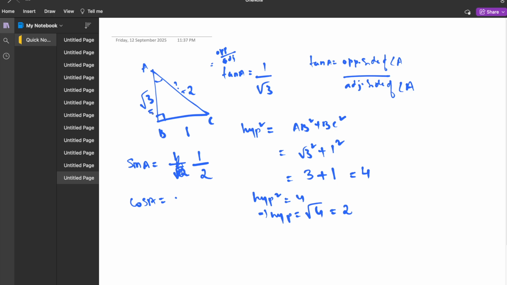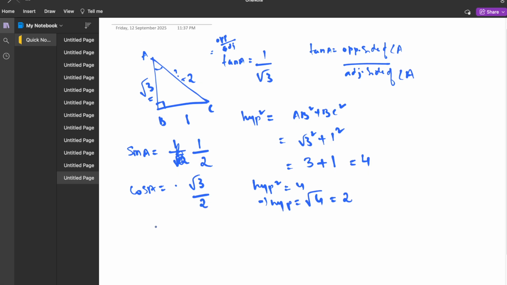Cos A is adjacent side by hypotenuse, root 3 by 2. Similarly, sine C: the opposite side is root 3, by hypotenuse 2, so root 3 by 2. Cos C is adjacent side 1 by 2. So we got sin A, cos A, sin C, cos C.